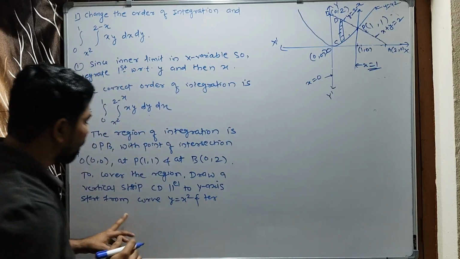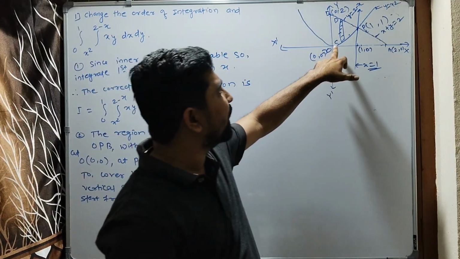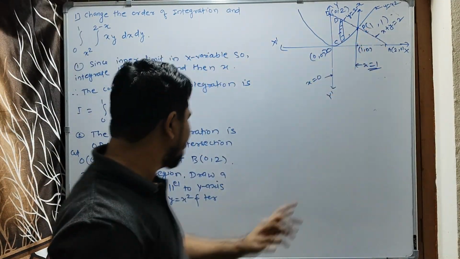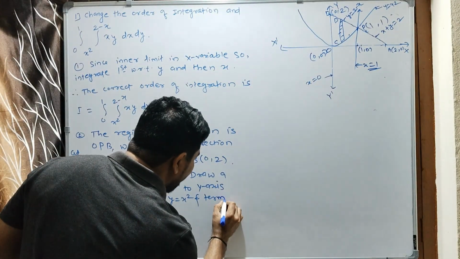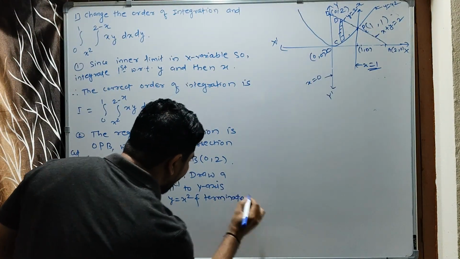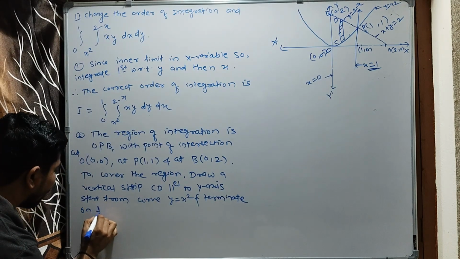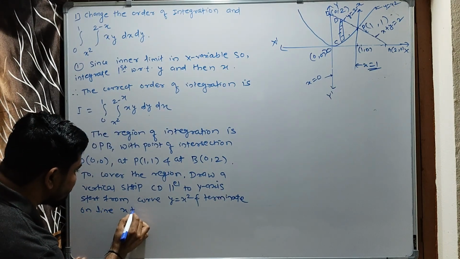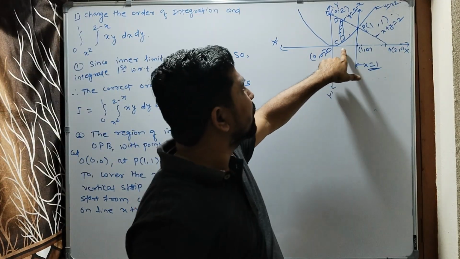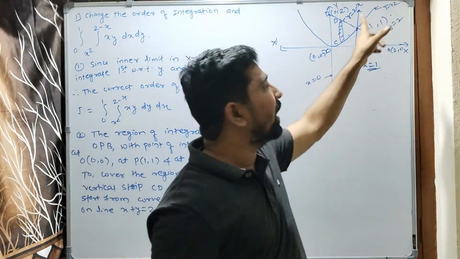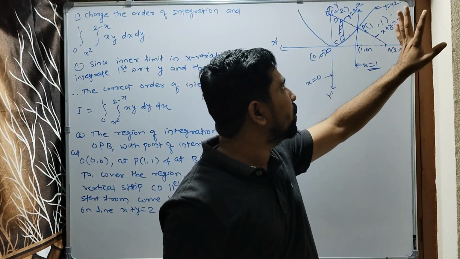My strip starts from the curve y equals x square and terminates on the line x plus y equals 2.